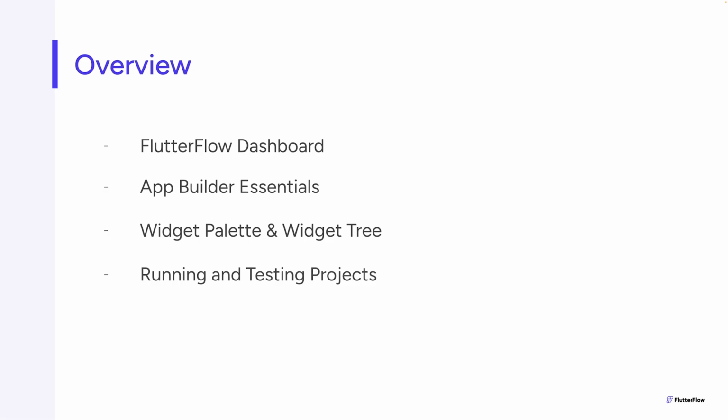Then we're going to see how you can run your projects and even test them. And finally, we're going to see all of this in generated code and see how you can find different parts of your app in your Flutter generated code. Beautiful. Let's not wait more and get started.